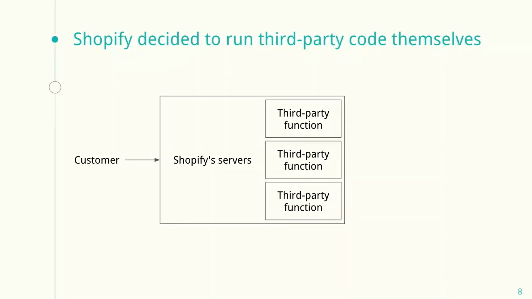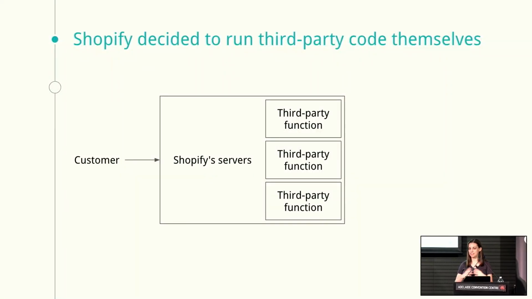So Shopify decided they wanted to be able to run these third-party app integration functions themselves on their own servers, where they could scale them up as necessary, where they could make sure that they were always available, and where they could have that control over the reliability of them.